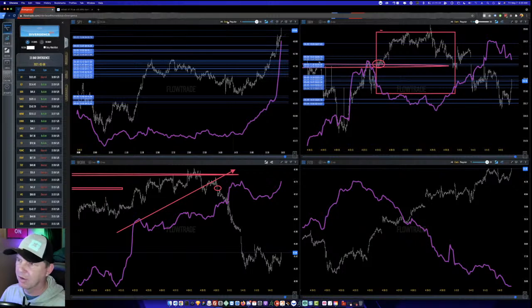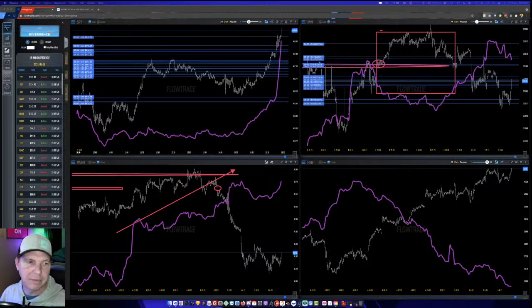I have Darkpool block trades set to display. Those are the blue lines that you see, horizontal lines. And I try to make sure that everybody can see them. Sometimes I'll throw up some different colors so that everybody can see them.